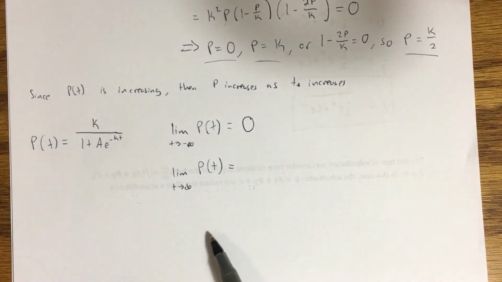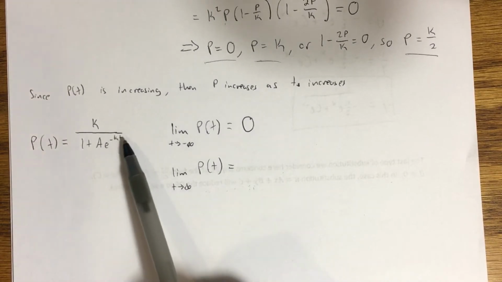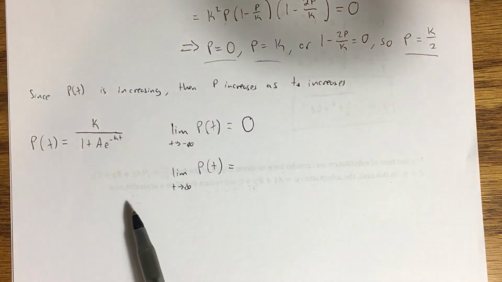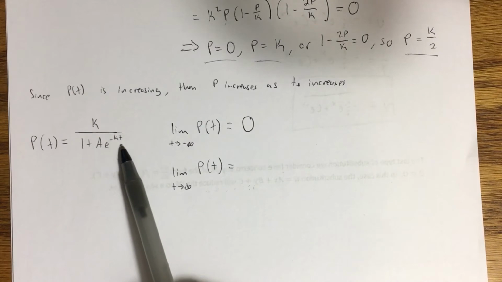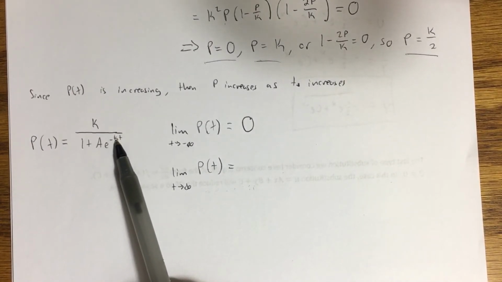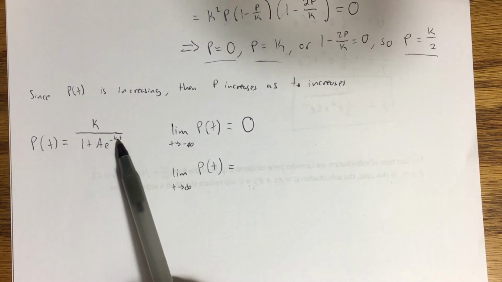What about if t is allowed to go to infinity? Well, the difference here is that this negative k times positive large t is going to be a very, very large negative exponent, because we have negative k times positive t. So this becomes very, very large in absolute value, but negative.